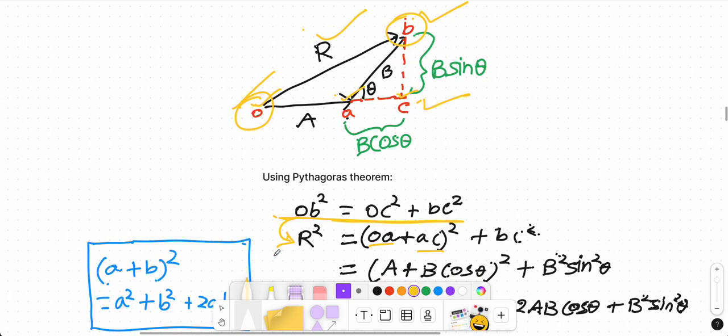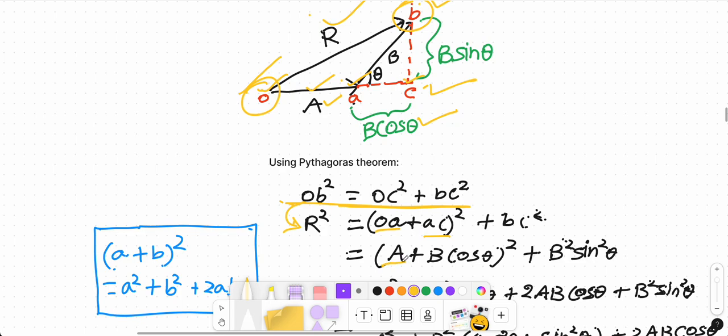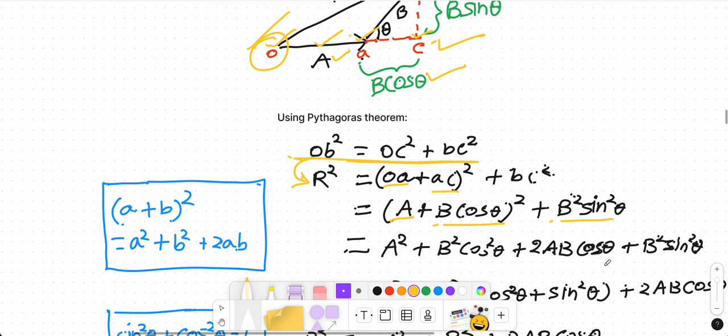Let's proceed. But OA is A and AC is B cos theta. So I substitute that OA is A, AC is B cos theta, and BC is B sin theta, and there is a square, so B square sin square theta. Now, the (a plus b) whole square formula I have written here, I am using that.